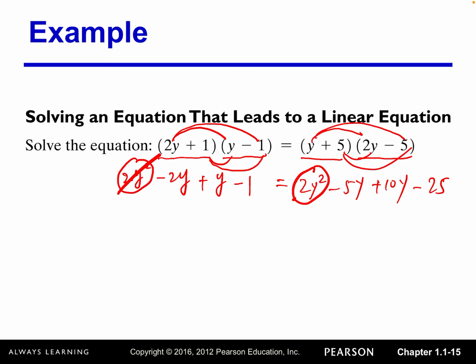So obviously we can use the addition principle to cancel those two terms out. And then combine like terms. This is minus y minus 1, that's the left-hand side. Right-hand side, combine like terms, that's 5y minus 25.